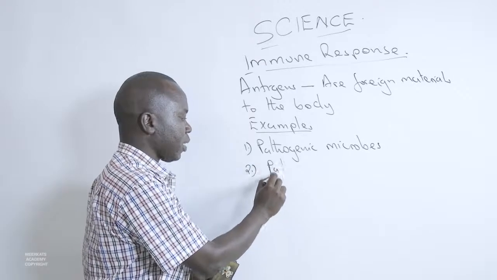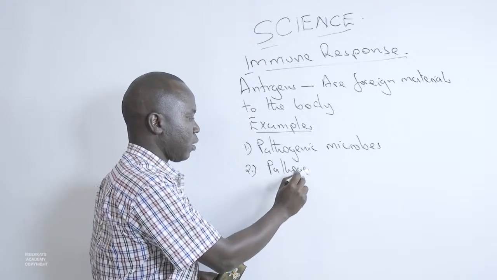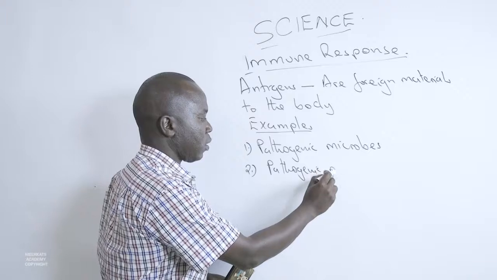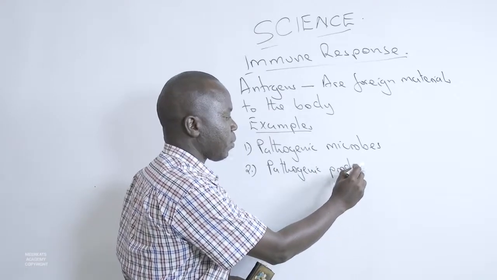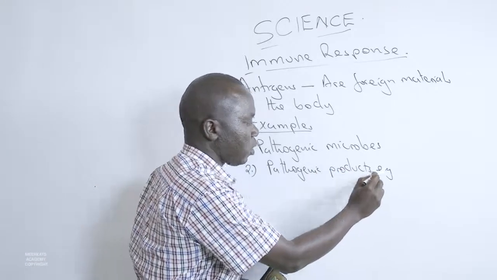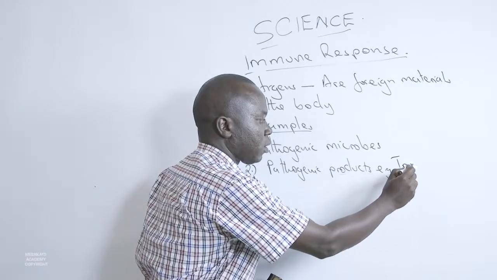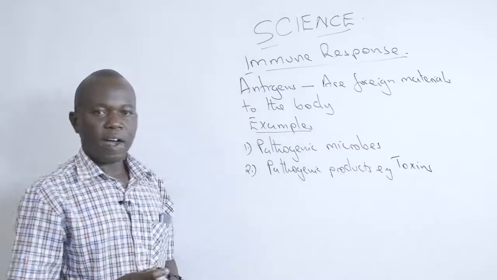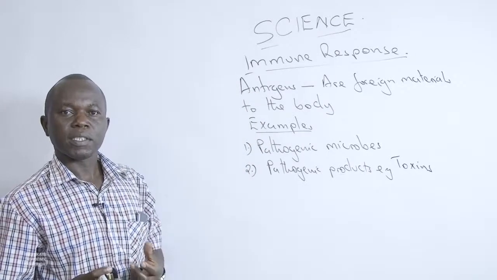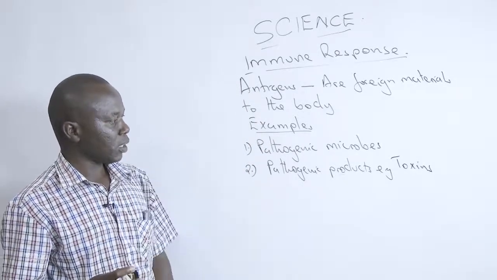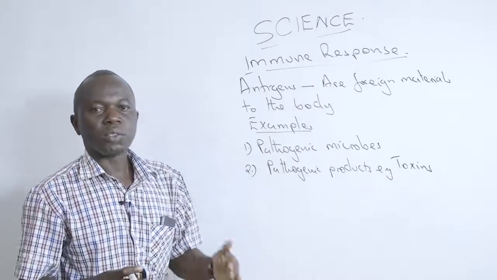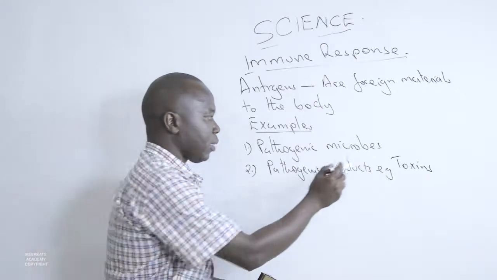So pathogenic products, for example toxins. We have a very important bacteria that causes tetanus. It produces toxins that usually paralyze the whole body.